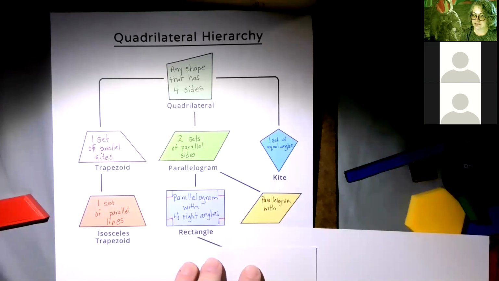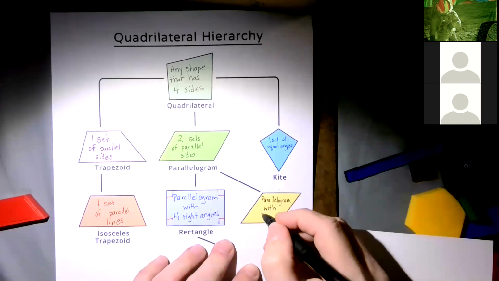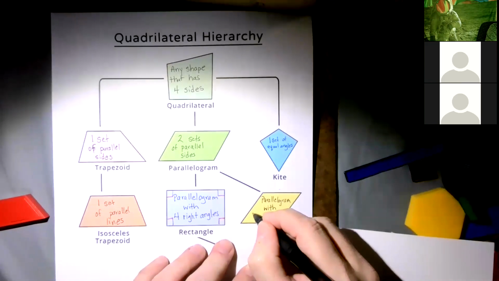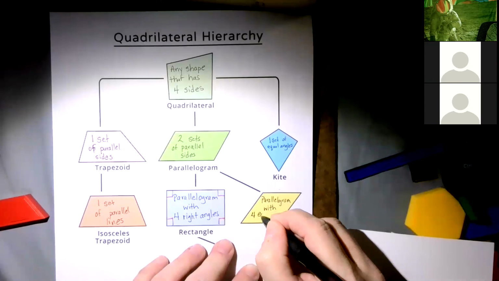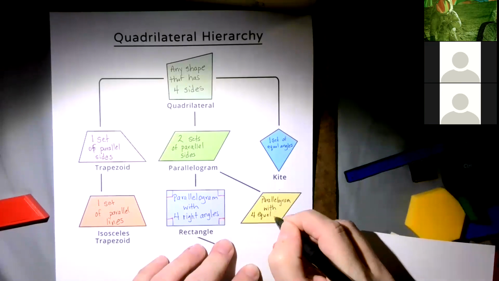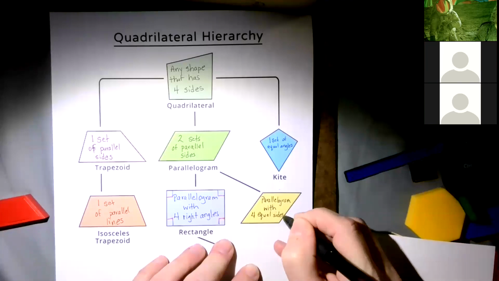Are all the sides the same? Same what? Length. Say a little bit louder. Length. Parallelogram with 4 equal sides. And when we say equal sides, we mean in length.